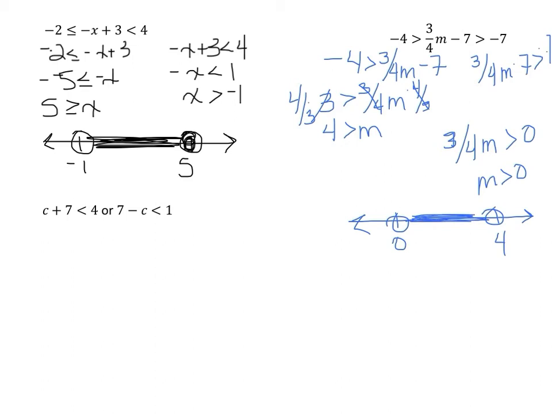On the disjunction, I'm going to approach this the same way. I've subtracted 7 from both sides. Here I subtracted 7 from both sides and then divided both sides by -1.